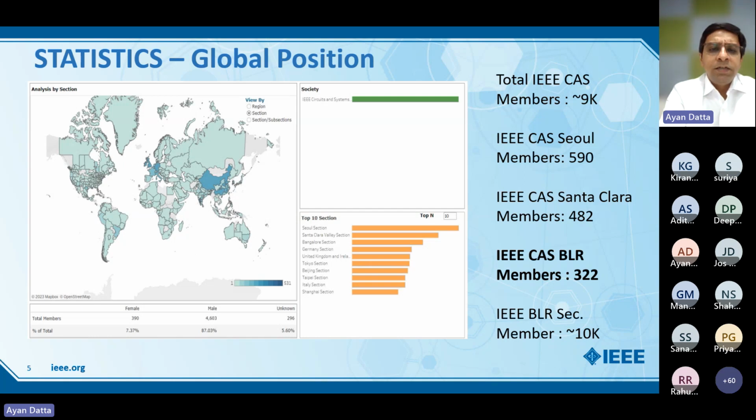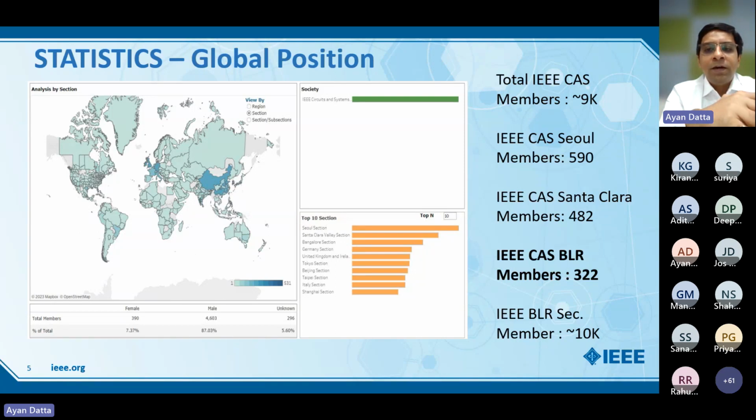So we have multiple chapters, and among them the leading ones are Seoul, with close to 600 members, and Santa Clara with 500 members. We are not behind. We are close to 322 members now, and with the presence at the Bangalore section level across all the societies, we have roughly around 10K members, I think.